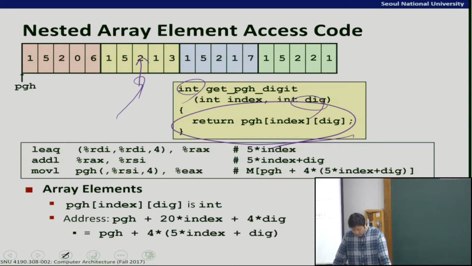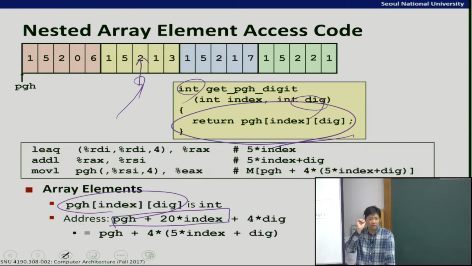Okay. So if you want to access the specific memory location and the value at the location, then PGH[index][dig] is an integer type, because we are talking about the specific value in the zip code. The address for this value is computed as PGH plus 20 times index, because this returns the starting address of the specific zip code we want to access, right?